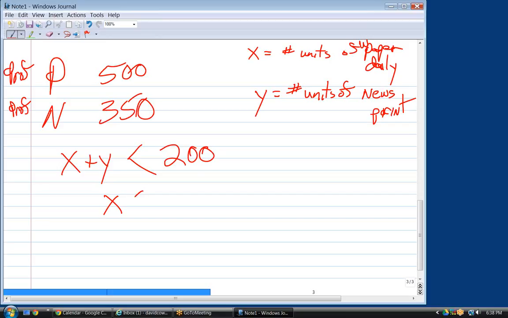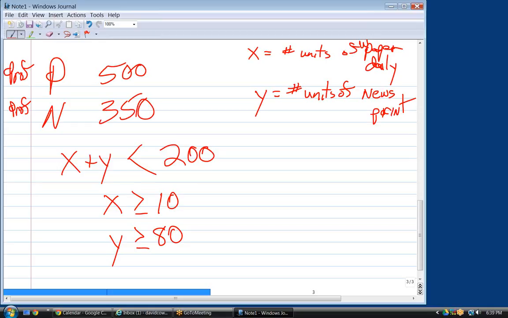X is greater than or equal to 10, and y has to be greater than or equal to 80. Are those three constraints correct? I think so.